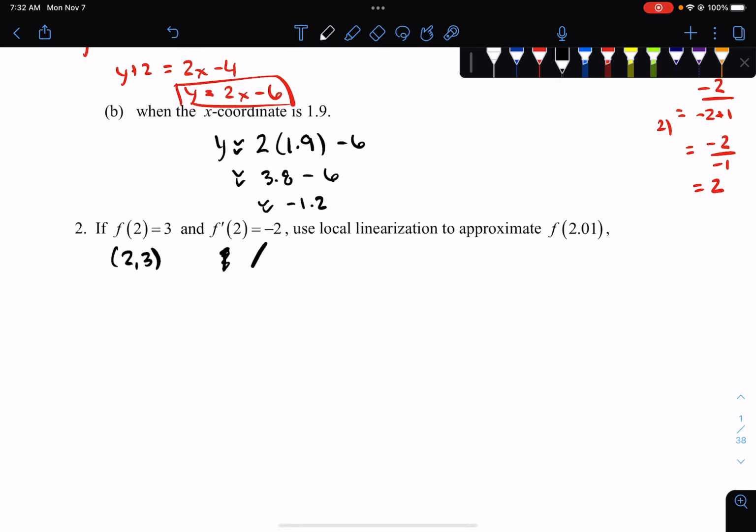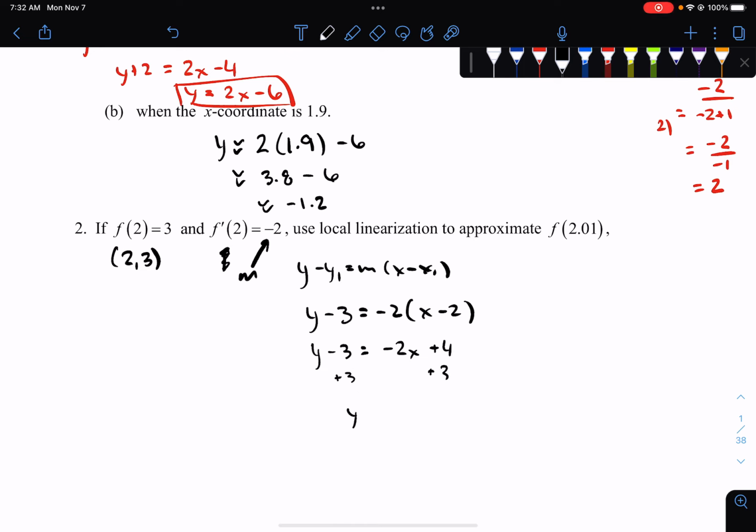I have a point, I have a slope. I can make my tangent line, y minus y1 equals m times x minus x1. So y minus 3 equals negative 2 multiplied by x minus 2. So y minus 3 equals negative 2x plus 4. And I'm going to add 3 to both sides.